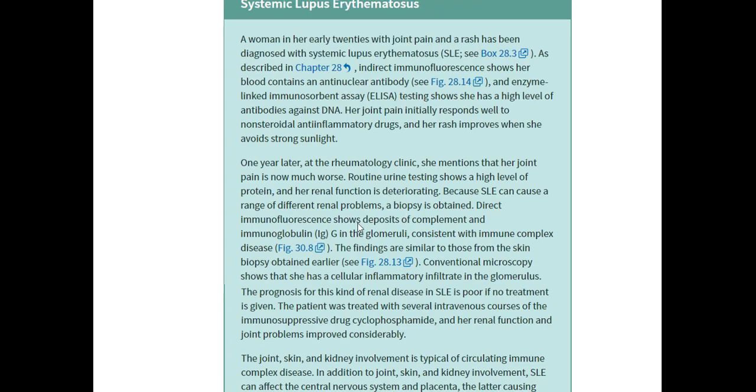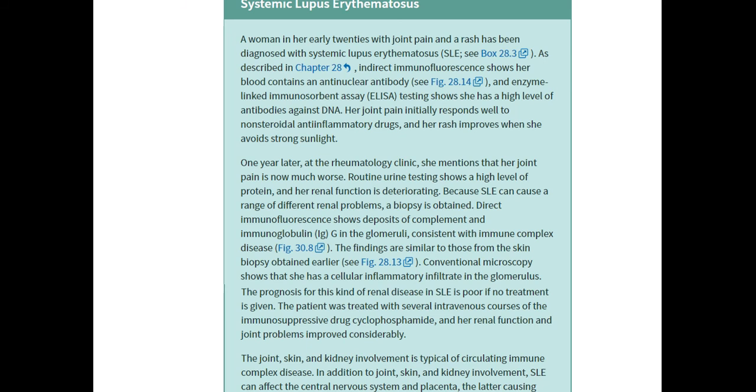So again, in type 3 hypersensitivity reaction, we could have a local immune complex deposition, which is the Arthus reaction. Remember, always vaccination related to that when the patient is already vaccinated.